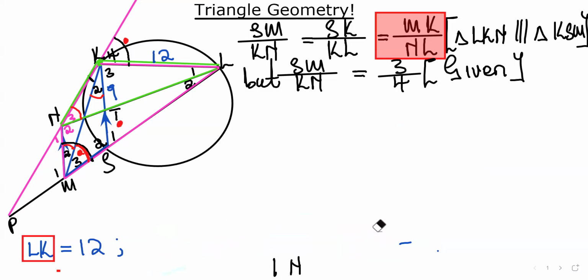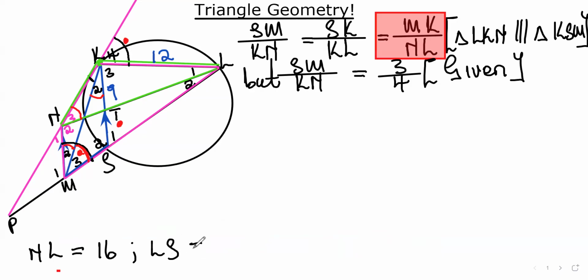They say, if it is further given that the length of NL or LN is 16 units, LS is 13 units, and KN is 8 units, then determine with reasons the length of LT.